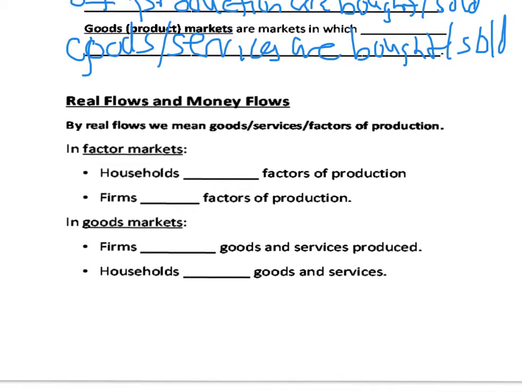So we have two types of flows in the circular flow model. There are real flows and money flows. Of course, the flow of money is what you would think. It's money that's exchanged between the two groups. And the real flows, these are flows such as the flow of labor, the flow of capital between the groups.